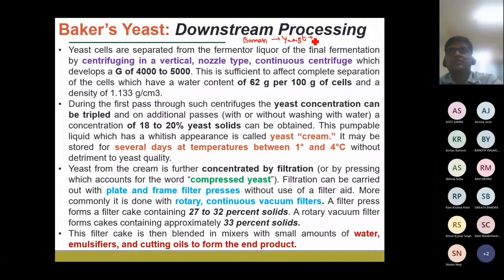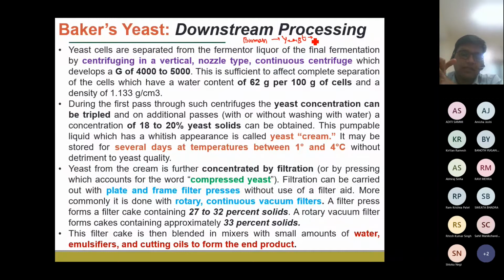Like in the case of ethanol, what we have seen is that ethanol was produced extracellularly by the same yeast, right? And that ethanol was soluble in the growth media. However, we can separate the ethanol because of the difference in boiling point, and ethanol is volatile in nature.